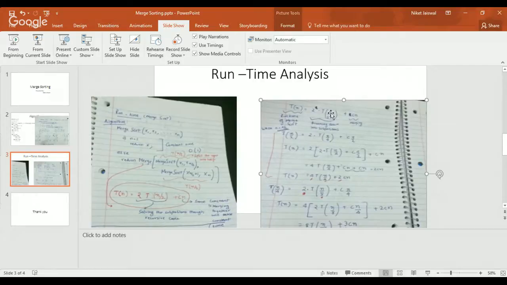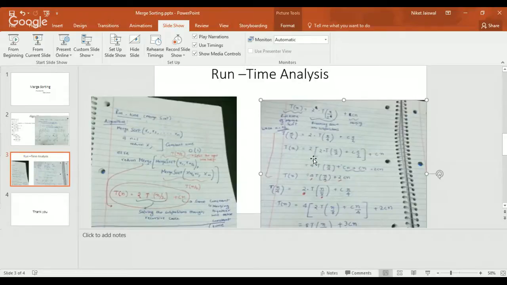This T of n by 2 is this. Now this particular part will have this value, and it will fit into this part. So 2 times T of n by 2, times T of n by 2 plus c of n by 2, it will go over here.